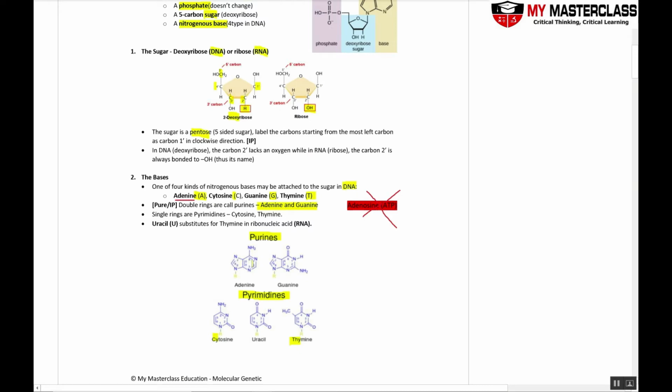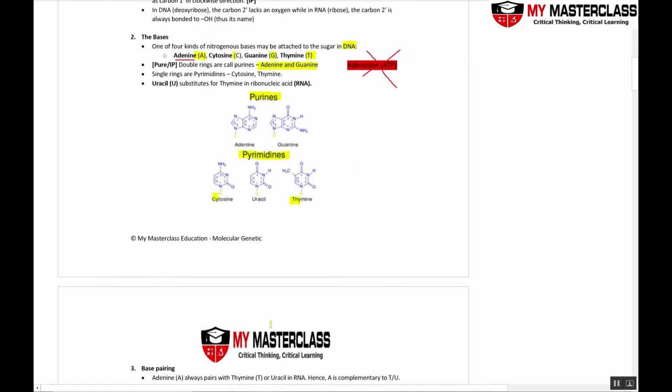Purines have 2-sided double rings, 2 rings here, but pyrimidines, we are only looking at 1 ring. Now what about uracil? Later on when we look at the mRNA component or the RNA itself, there is no thymine in RNA. So instead of thymine in RNA, the thymine is being replaced by a uracil in this case.